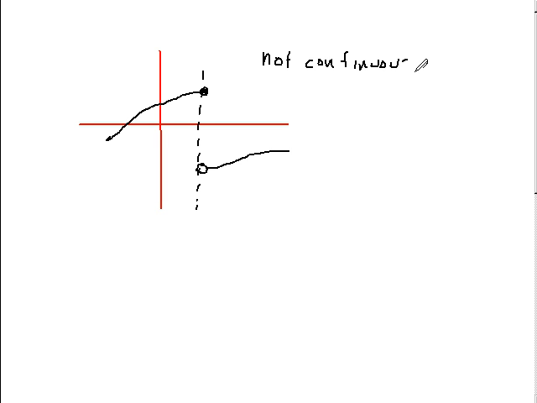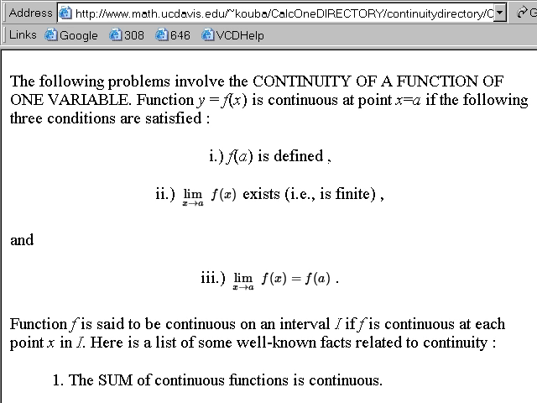So if we have a function that has a jump in it, suppose it takes on this value and has a hole there. This function is not continuous because it fails at least one of those conditions. First of all, the function is defined, right?